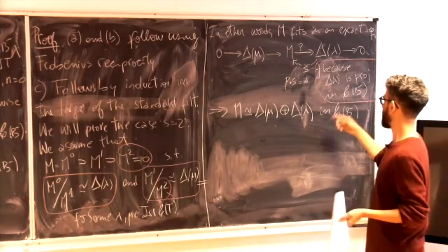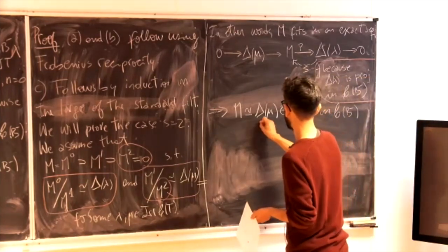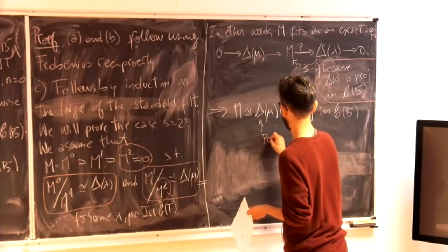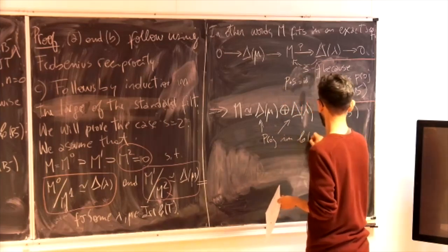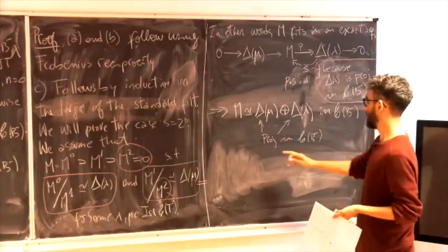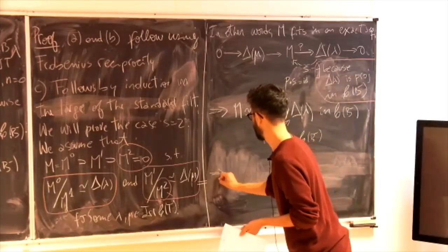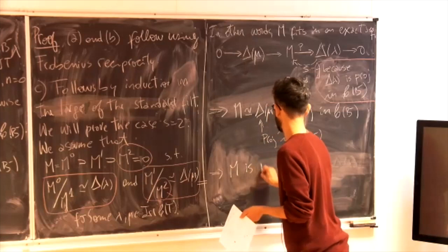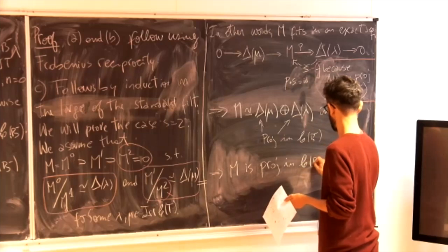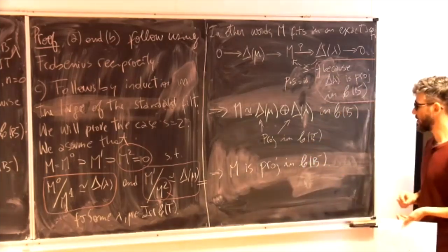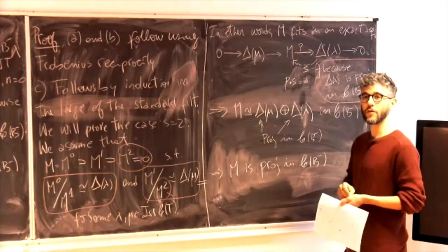Now, this is projective and this is projective in the category of B-minus modules, and the direct sum of projective modules is again projective. And then this completes the proof of part C.